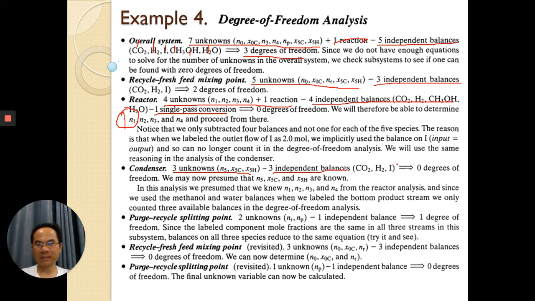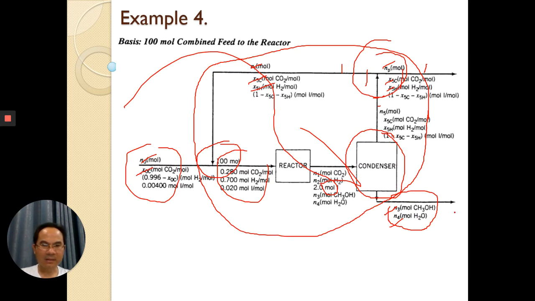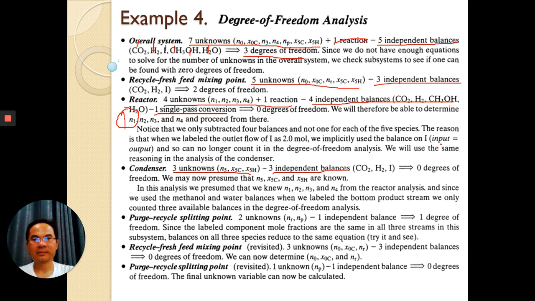You have zero degrees of freedom. You cannot use balances on methanol or water because they are not independent: the output equals the input, so those equations are not independent. You have only carbon dioxide, hydrogen, and inert. That is the second step: you solve for the condenser.